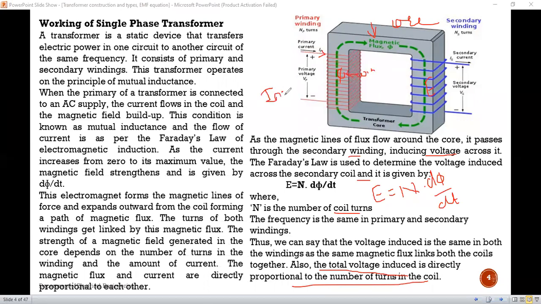Okay, insulation. I think you people have already seen a transformer, have you seen it? Whether you have seen the distribution transformer? Yes, sir. Okay, so in our agriculture field we generally call it DP, that is distribution transformer.